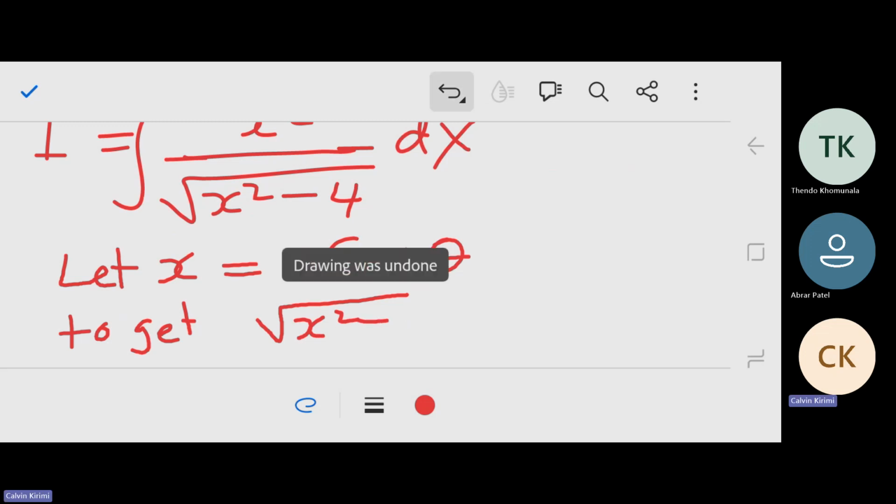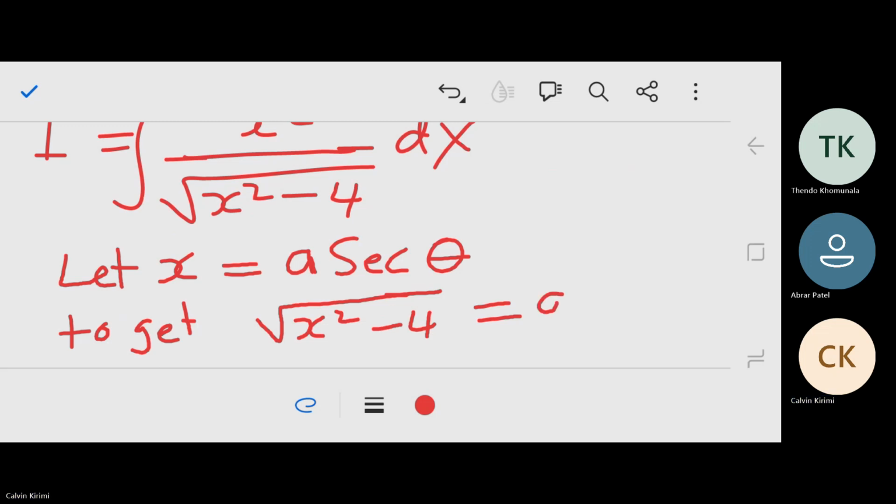What you want to achieve: the square root of x squared minus 4 is going to be equal to a tan theta. In other words, our a there you can see is 2. So it's going to be 2 tan theta.